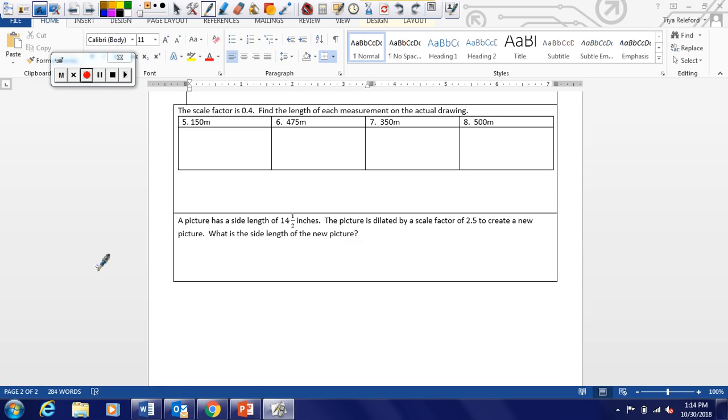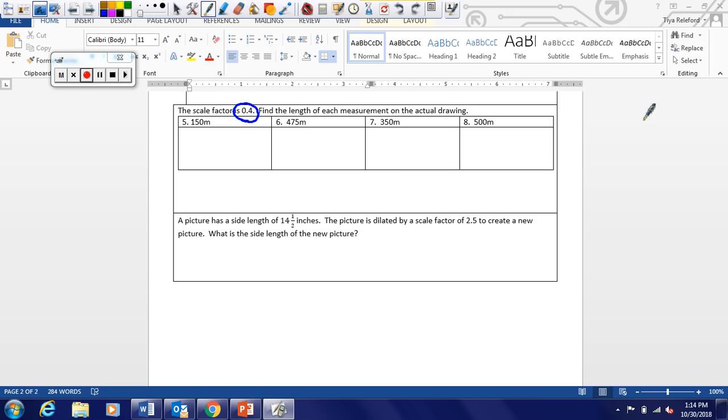Alright, if you're on the back of your notes, you've done a whole lot of work on the table before, and this is the same thing. Scale factor is 0.4. Ooh, what do you do when there's only one number? It's 0.4 over 1. Actually, we're just going to do it this way.